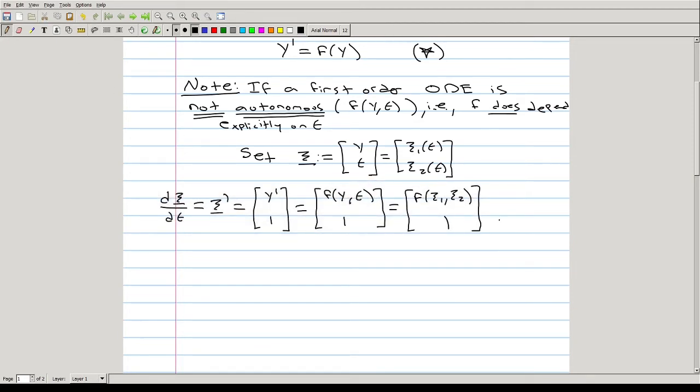This is a vector function of xi. Call it g.